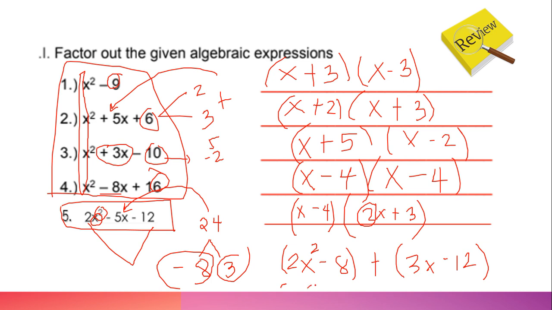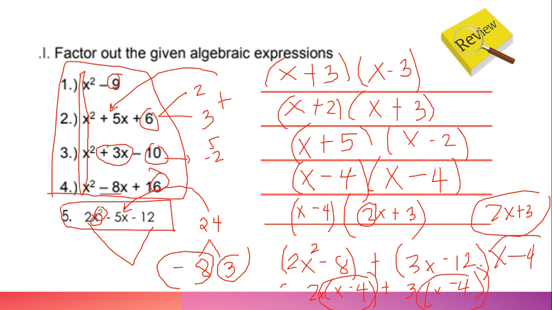Tapos, if factor out natin ito, magiging x minus 4 plus 3x minus 4. May x dito sa may harapan. Para maging 2x plus 3 siya. And then, kung common na sila, x minus 4.